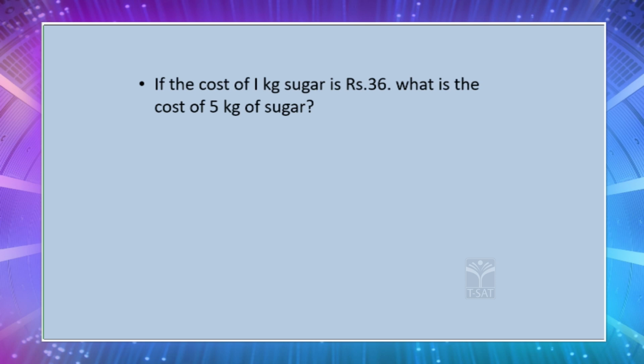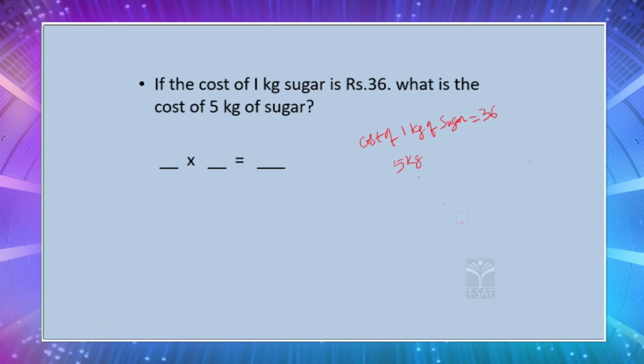And one more situation we will observe. If the cost of 1 kg of sugar is 36 rupees, what is the cost of 5 kg of sugar? See, we have the price of 1 kg of sugar. So, what about 5 kgs?